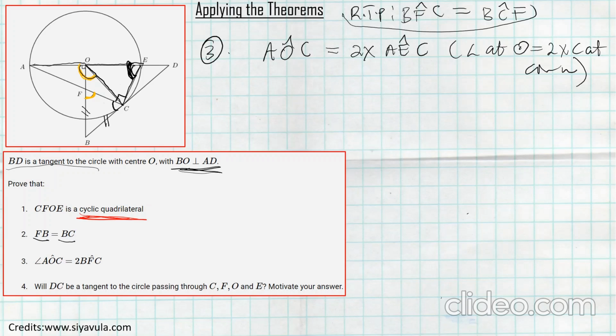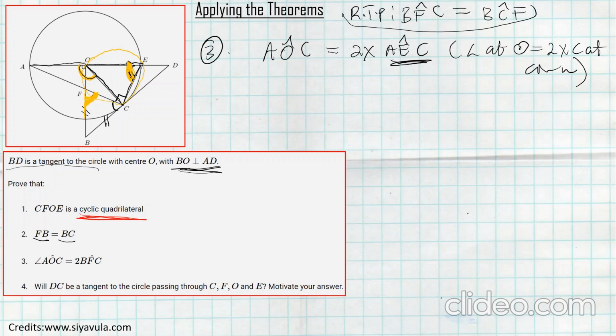But we know something very important here. Look at this, very interesting. This angle AEC, in yellow, is actually the same as angle BFC, by exterior angle of a cyclic quad. Remember, we've proven that this is a cyclic quadrilateral, meaning BFC is an exterior angle and is equal to the opposite interior angle.